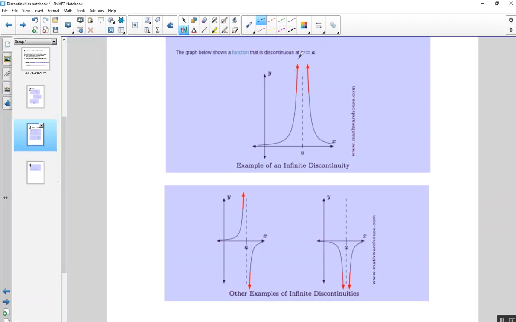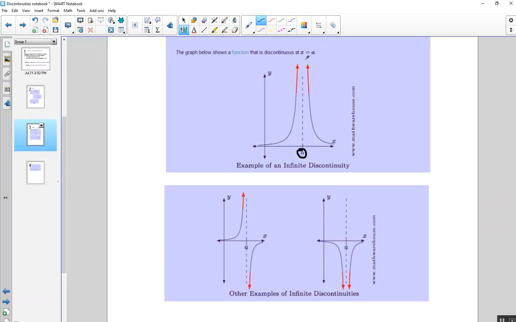So the function doesn't just disappear, it heads upwards towards infinity, gets taller and taller and taller as it goes, never actually reaching infinity, of course. And then at the value a, the function doesn't exist. There's this gap in the graph. It's kind of like a big brick wall, and the function's going to get closer and closer to that wall without ever reaching it, reaching up towards infinity as it goes.